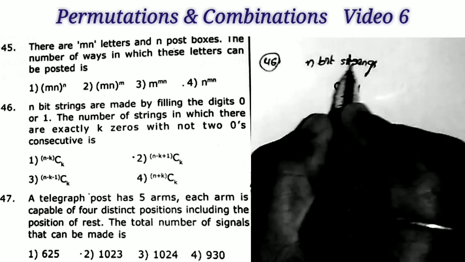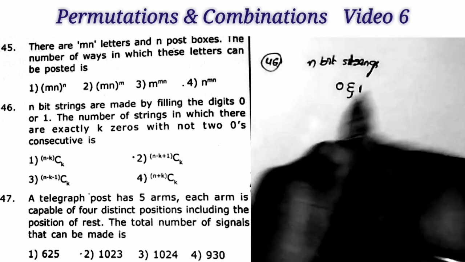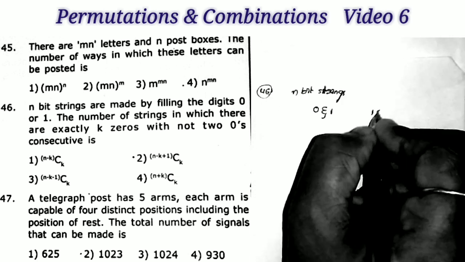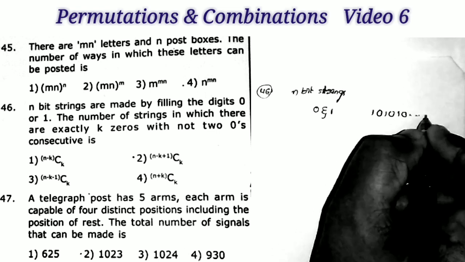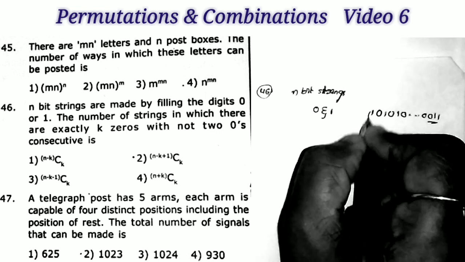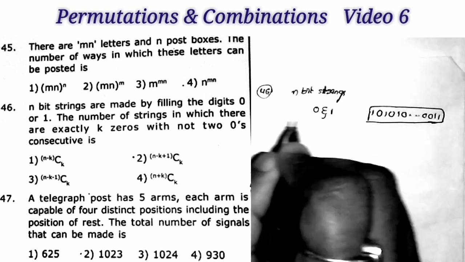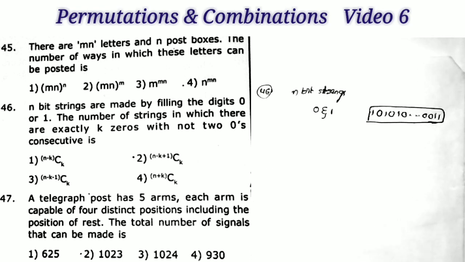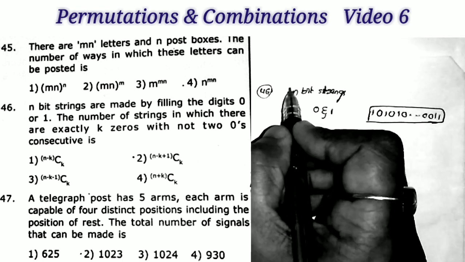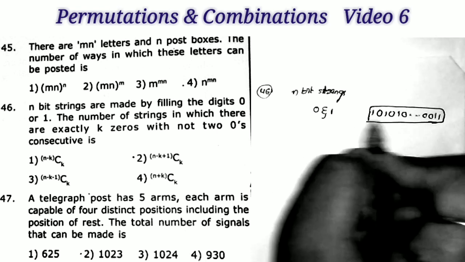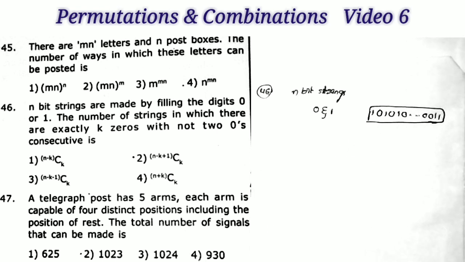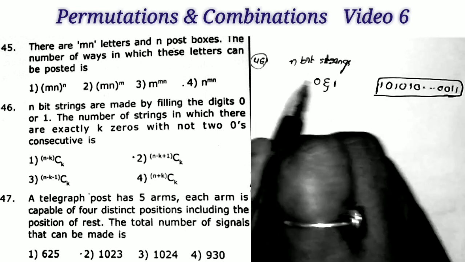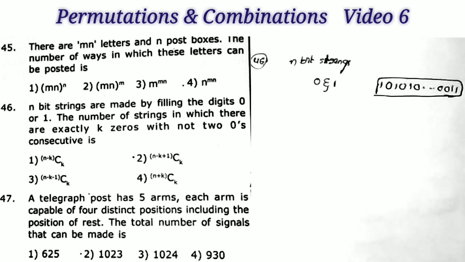Given that n-bit strings are formed by using zeros and ones, for example 1 0 1 0 and so on, or 0 0 1 1. This is an n-bit string. An n-bit string means an n-digit combination of zeros and ones.